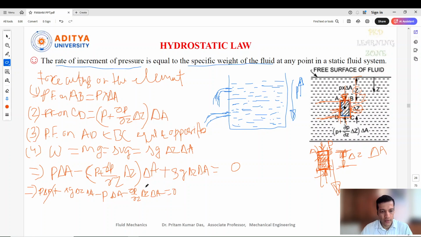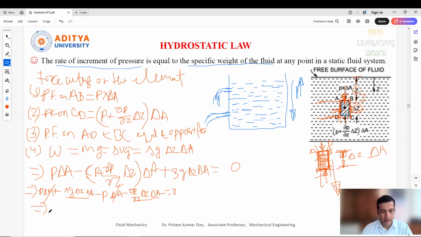Now you can see this P delta A will be cancelled. Okay, and the remaining terms, these two terms, will be there. This is one, this is another term. Now one more term is there, rho G delta Z. So that is already written here. This one, 1 and 2 cancel. Okay, two terms remain, correct.